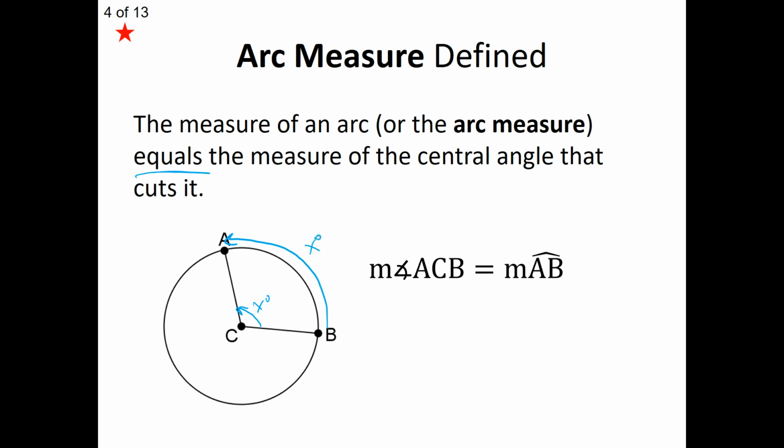In other words, the measure of our central angle ACB is going to equal the measure of our arc because they're rotating the same amount of degrees. All right, so that's our first way. We're going to see another way to measure an arc, but this is our first way of measuring arc, by defining the measure of our central angle to be equal to the measure of the arc that it cuts.